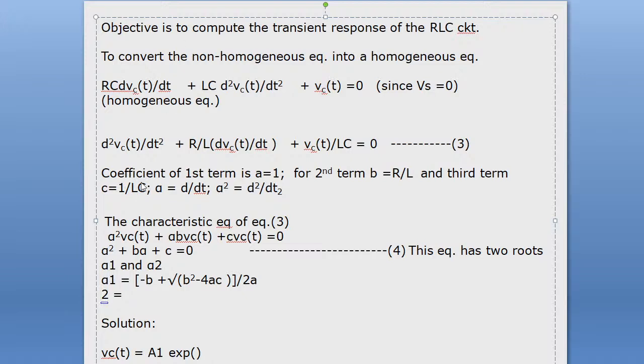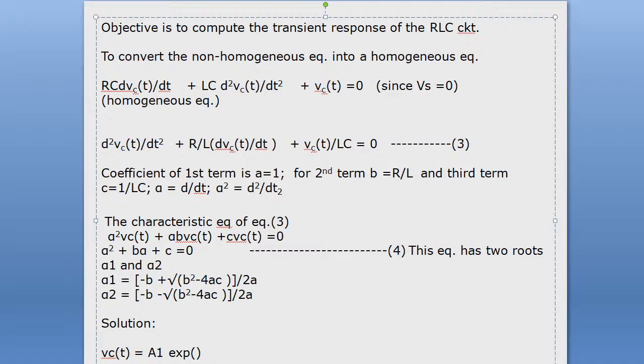So everyone write the expression of alpha 2. Just copy this part and change the sign of the term. So minus b, this will be minus. Okay, everyone tell me if you have any confusion or if you face any difficulty to solve this equation.